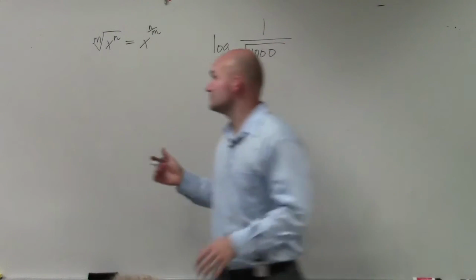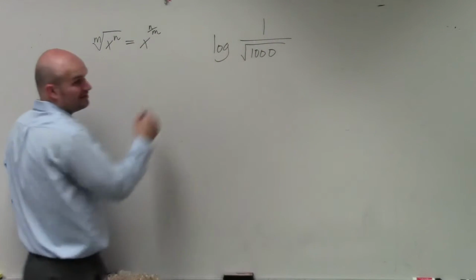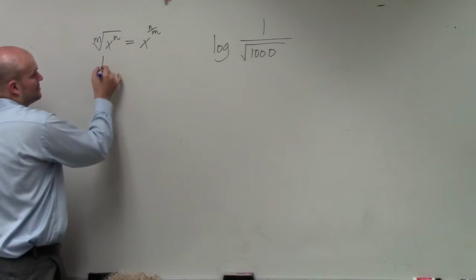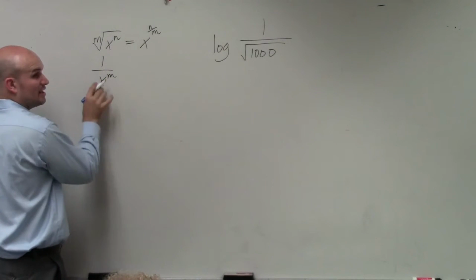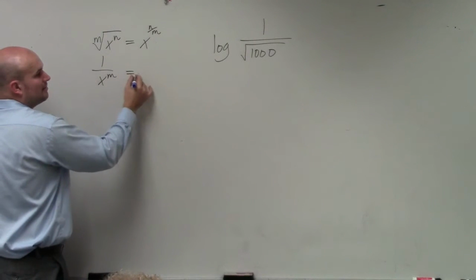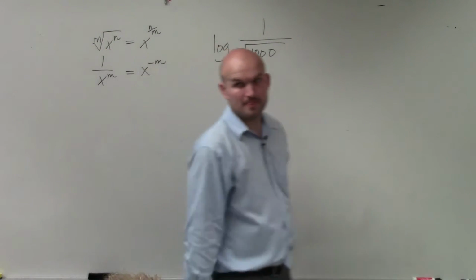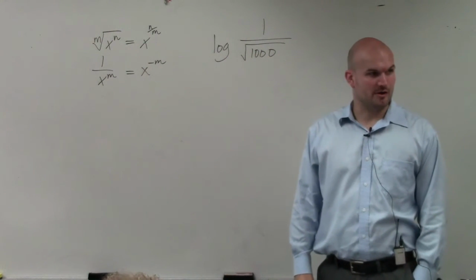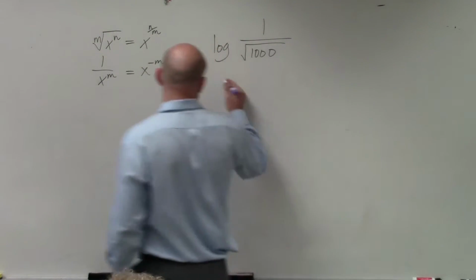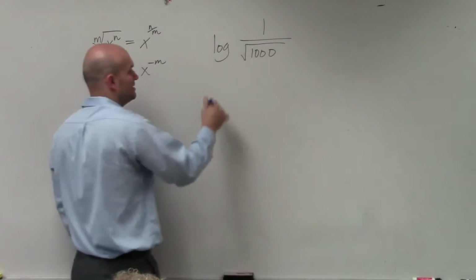The next one. We don't like having numbers in our denominator either. So 1 over x to the m, we can always rewrite it in the numerator by using negative powers. Is everybody following with that? Okay, so let's make this not complicated anymore.